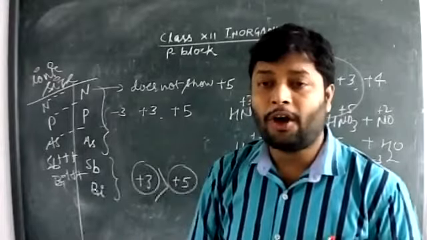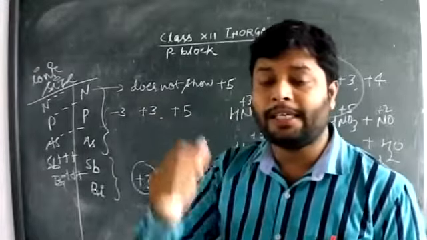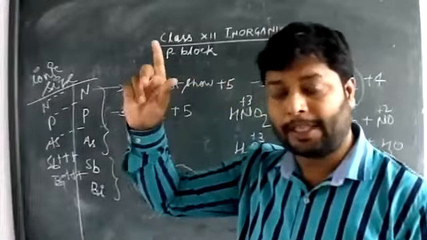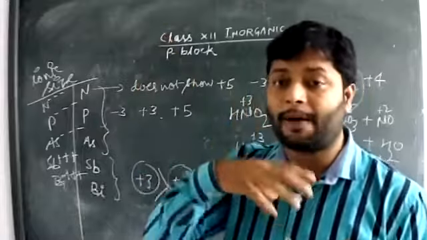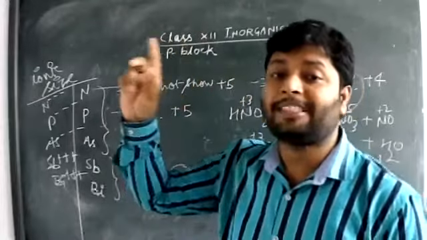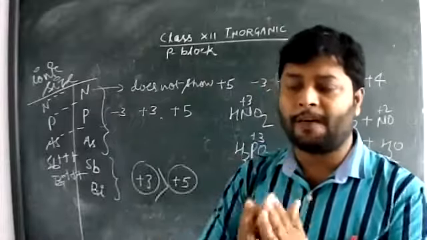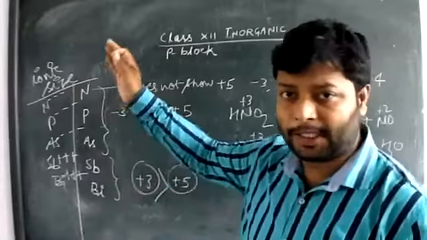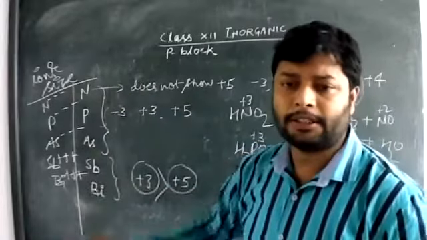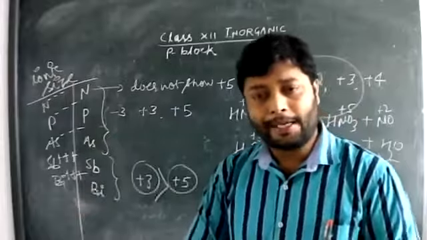Poor screening means an electron can be easily removed from the p subshell. I'm not talking about the s subshell, but the p subshell. So there is no exceptional pair. Ionization enthalpy decreases down the group.